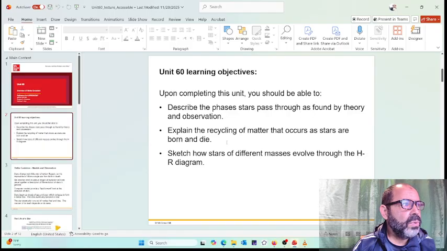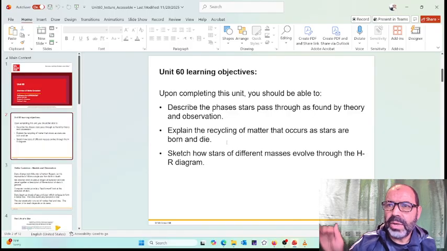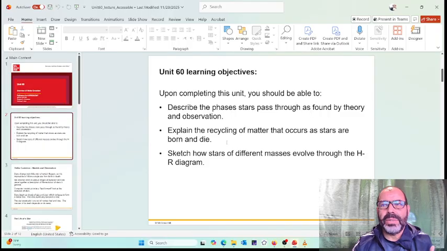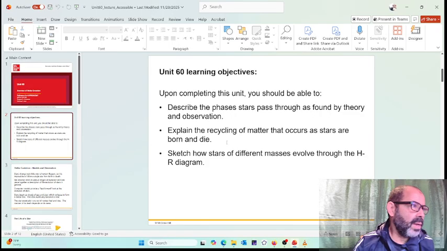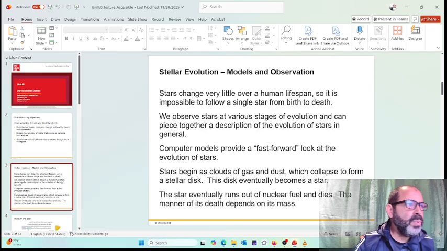And then we're going to sketch and see how the star evolves depending on its mass. If it's a low mass star, there is a path, and if it's a high mass star, there is a different path. So, how do we know what we know?